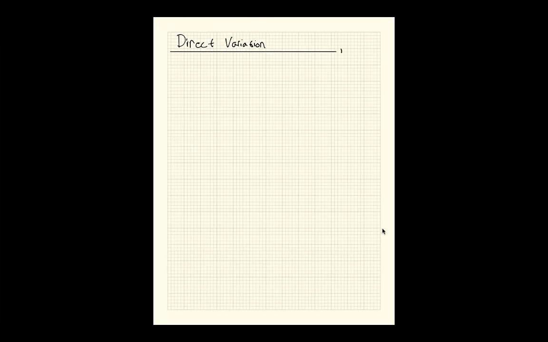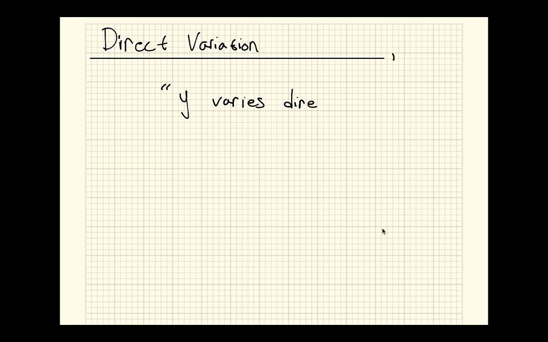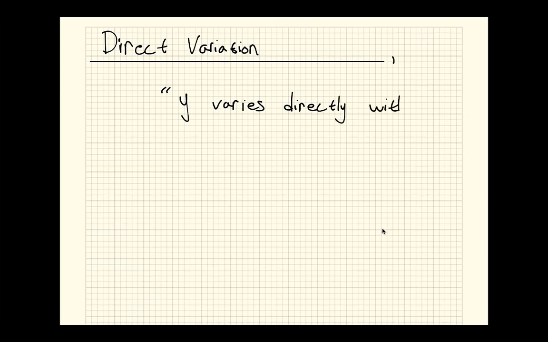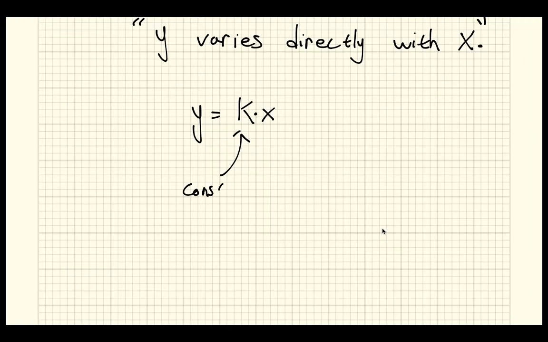To say that y varies directly, that's the key term, with x is to say that y equals k times x, where k is the constant of variation. We're multiplying when it comes to direct variation.